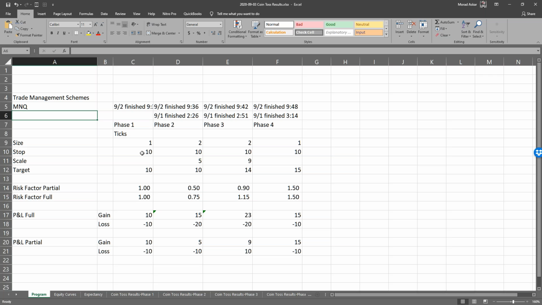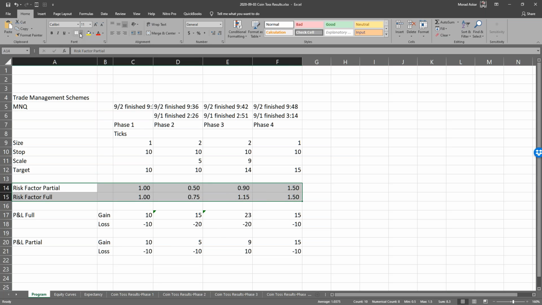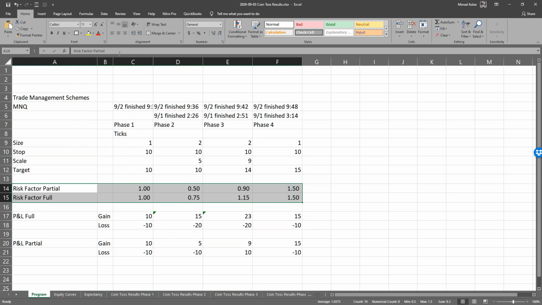The reason there isn't a price component is because I'm taking that one piece and making it random, and I'm doing so in the market. I've created a scheme where, and I can't overemphasize the importance of this, I've created multiple trade management plans with the same edge, and the edge is that it's a coin toss. It's random. That's the signal. The setup is all random.